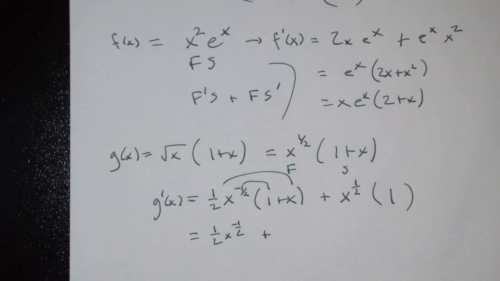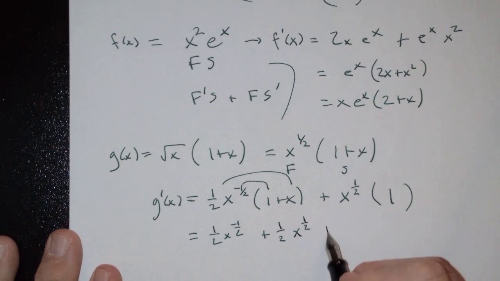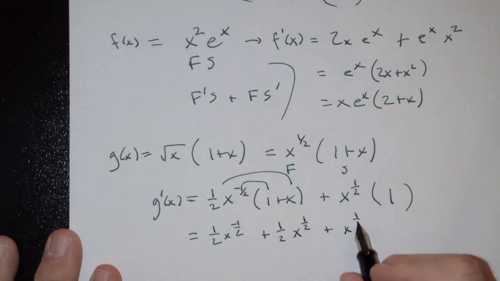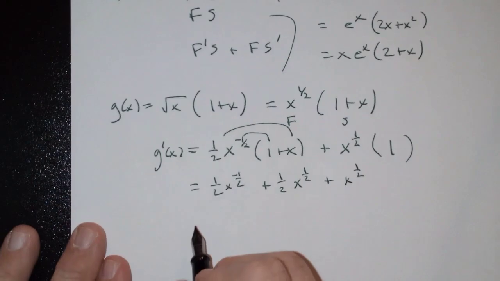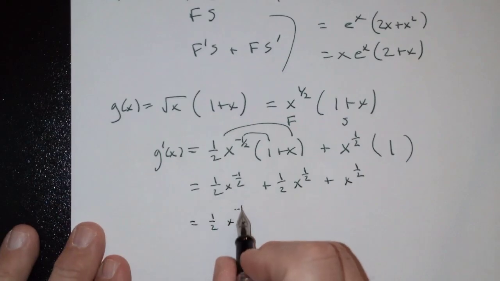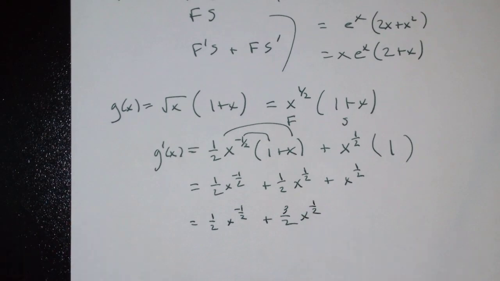Because I have an x to the negative 1/2 and an x to the first, I have to add the powers, and that results as a positive 1/2. Hey, wait a minute, I have another x to the 1/2 right there. That means I have 1 1/2 of them, or 3/2. I'm going to stop there with my simplifying.